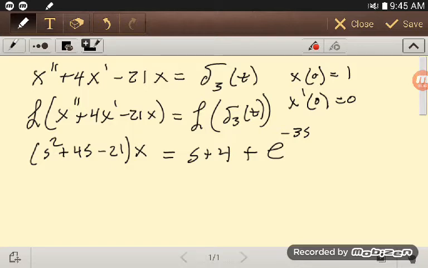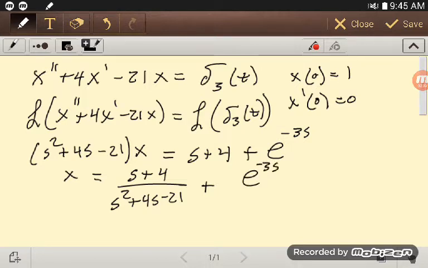Okay, so we'll divide both sides by our polynomial there. So we have s plus 4 over s squared plus 4s minus 21 plus e to the minus 3s over s squared plus 4s minus 21.